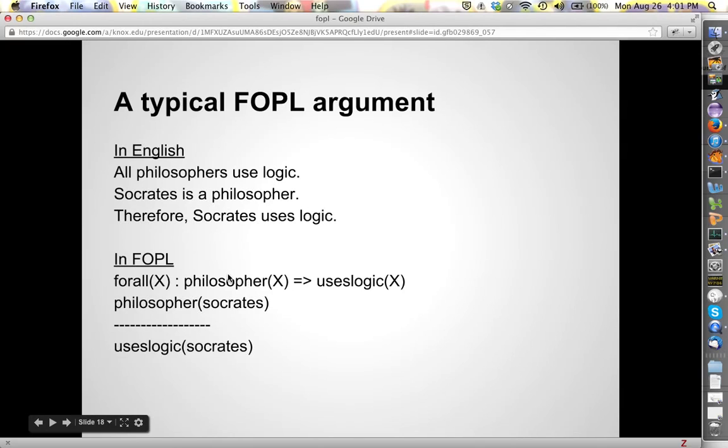So all philosophers use logic. Philosopher Socrates. Now, you can see Socrates here is not capitalized. That means it is, in fact, an atom, so it's one of the elements from this set of things. And we're trying to conclude from that Socrates, therefore, must use logic.